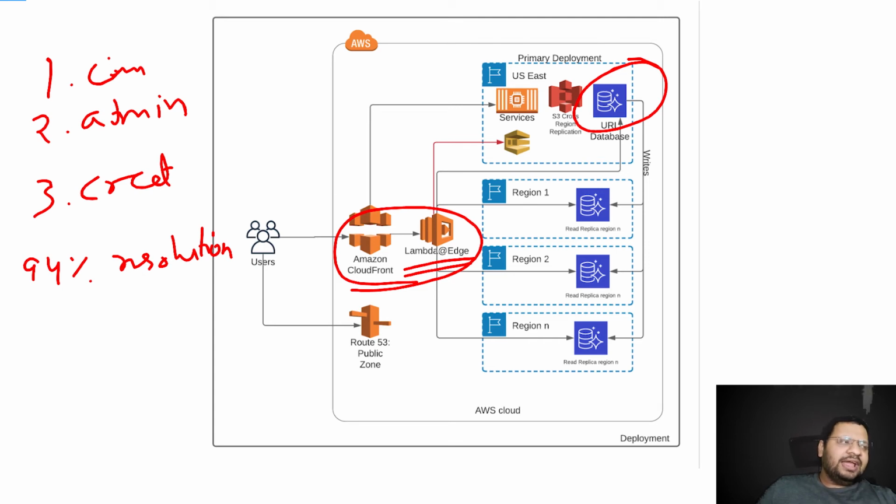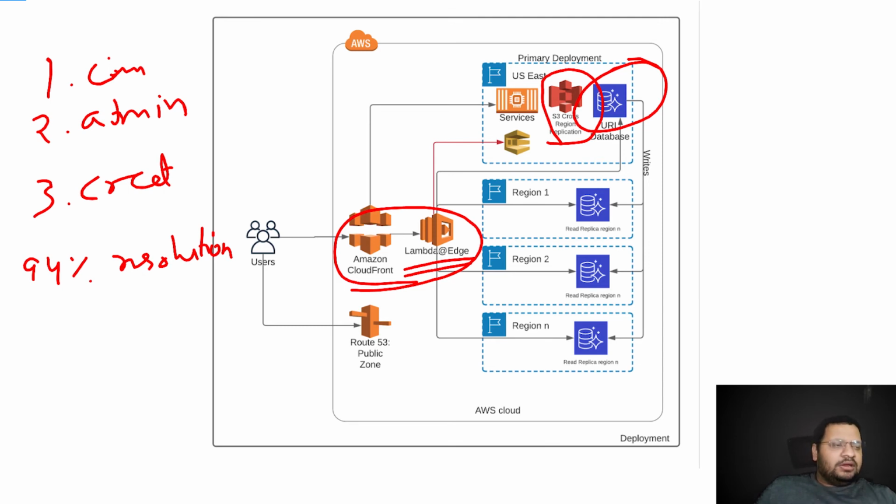Along with that, I would have read replicas of these databases across different regions. Along with that, we will have cross region replication enabled for my S3 as well, so that all the content can be shared across my regions. It would be handled.